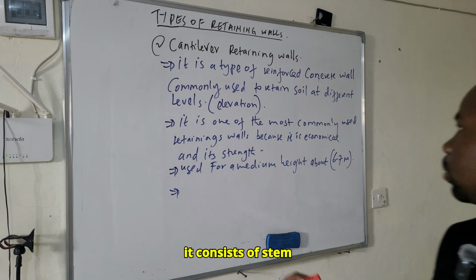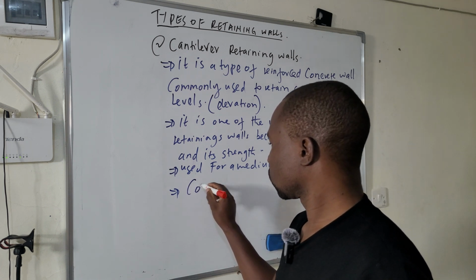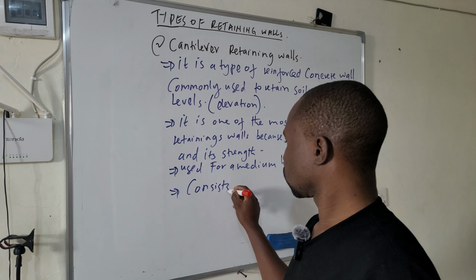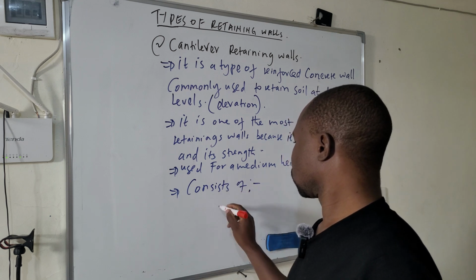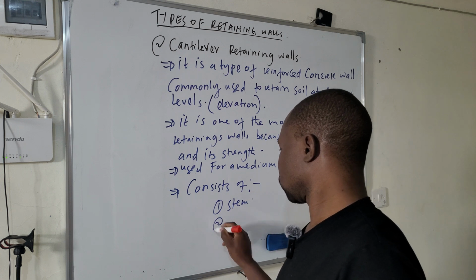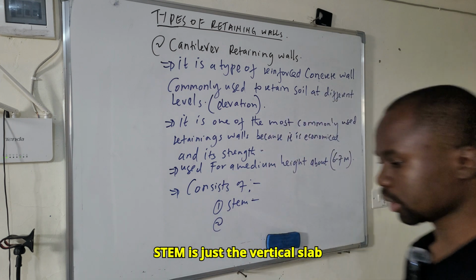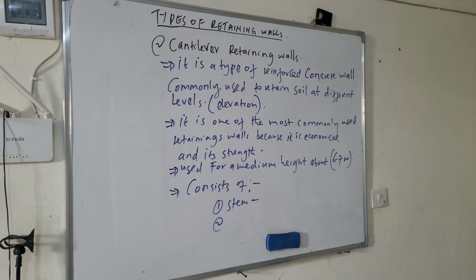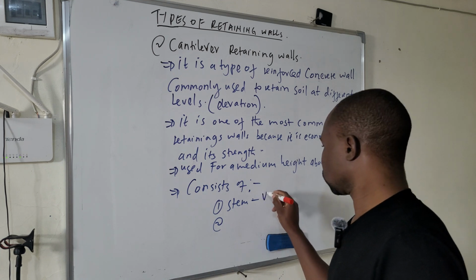It consists of, number one, the stem. The stem is just the vertical slab.